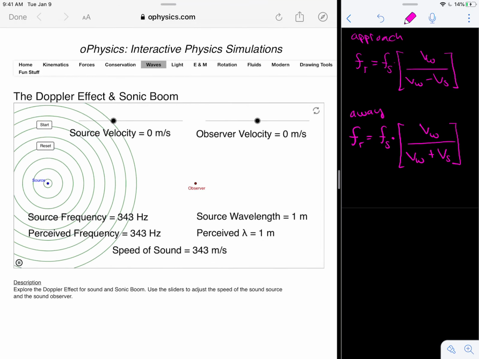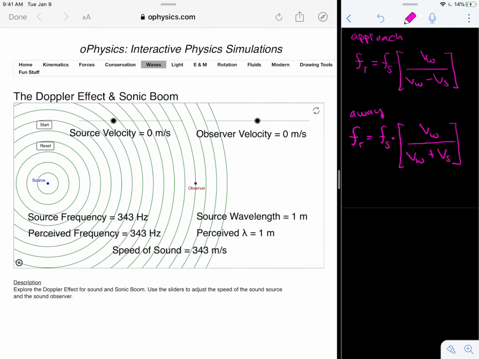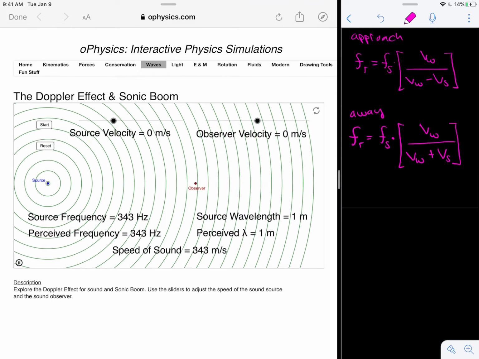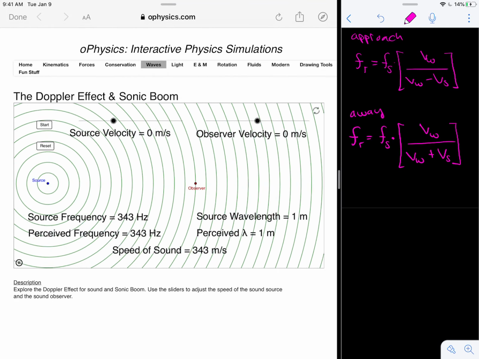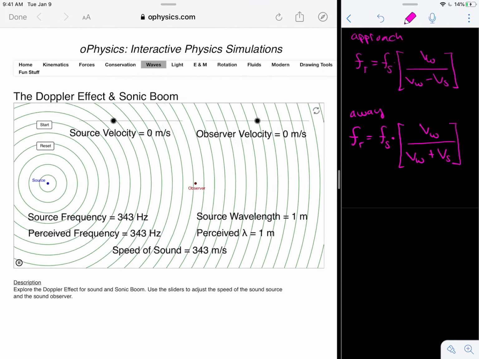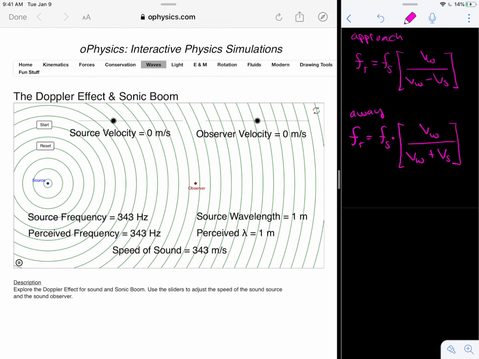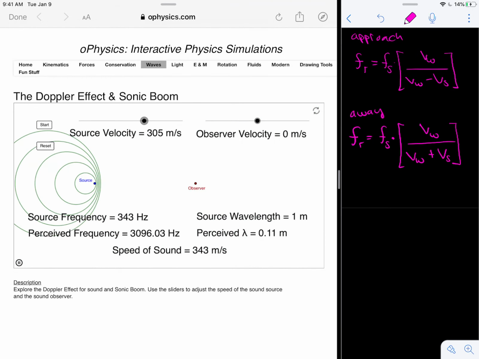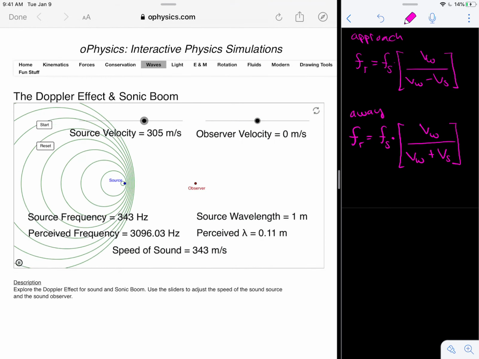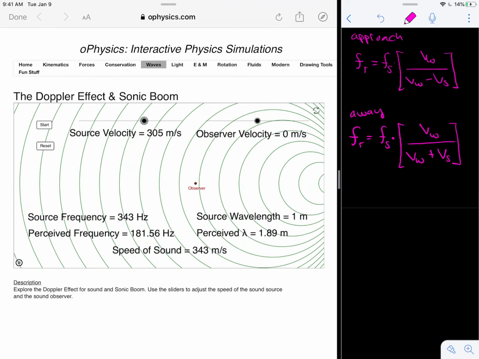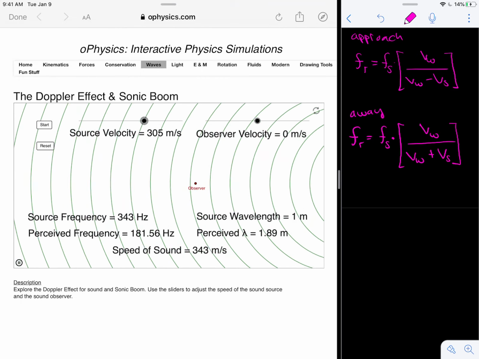So the speaker is stationary, and you notice the circles are concentric in front of the source and behind the source. And now let's make the speaker move. So now you notice that the waves are compressed in front of the speaker at a higher frequency, and as the wave passes by the observer, the wavelengths get longer and the frequency is going to get smaller.